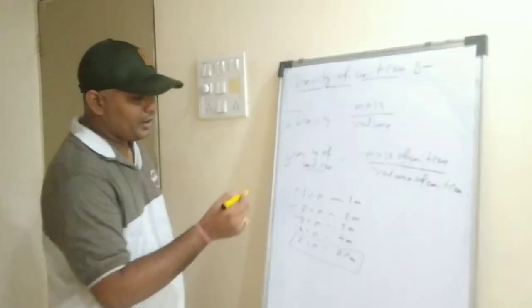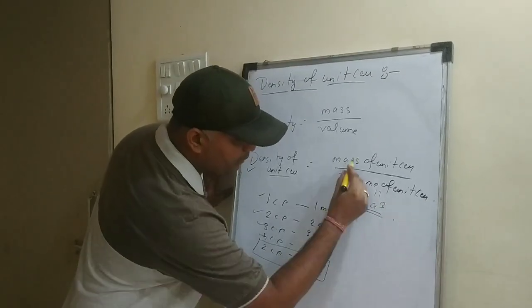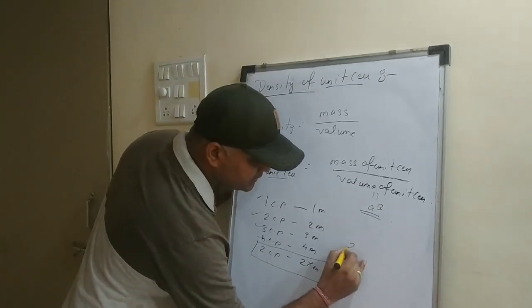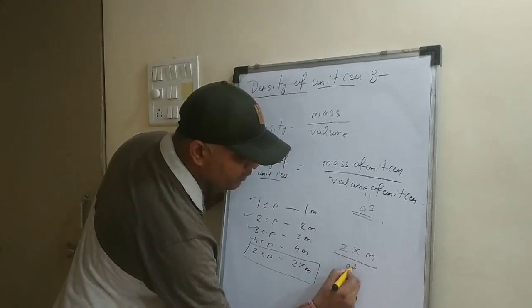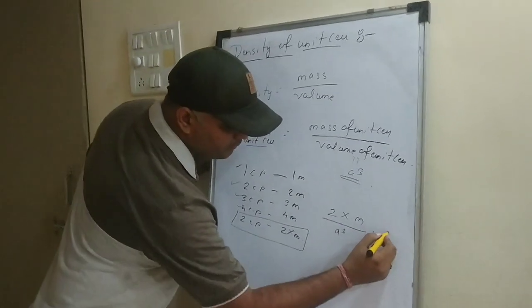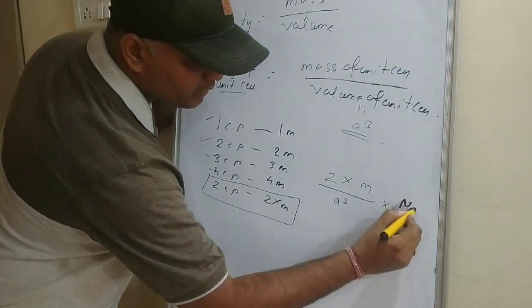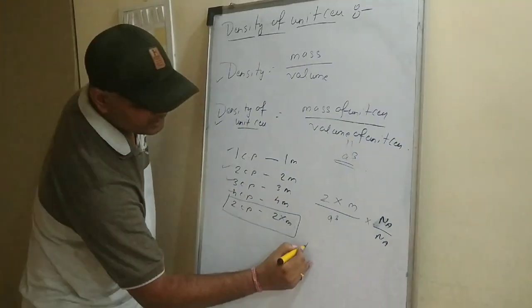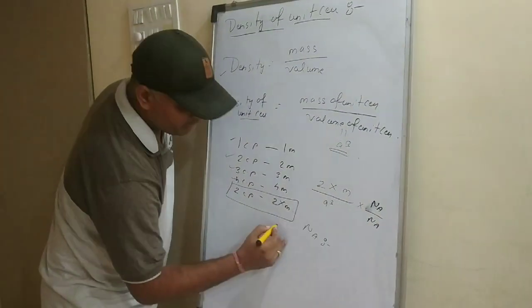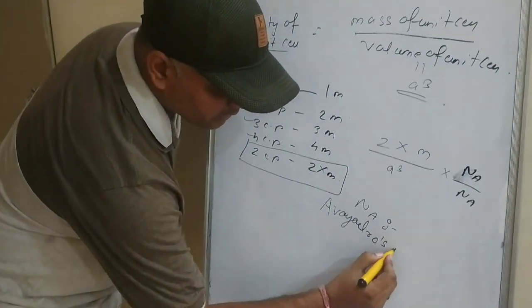Now what will be the formula? See, the volume of the unit cell will be A cube. Now the mass of a unit cell, we are substituting: Z into m, divided by A cube into Na. What is Na? Na is nothing but Avogadro's number, right?